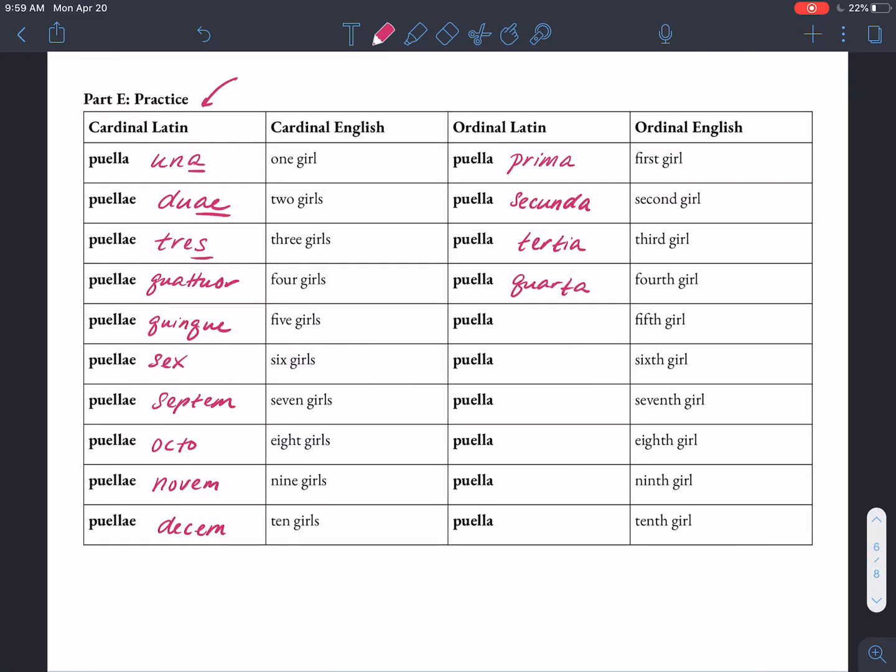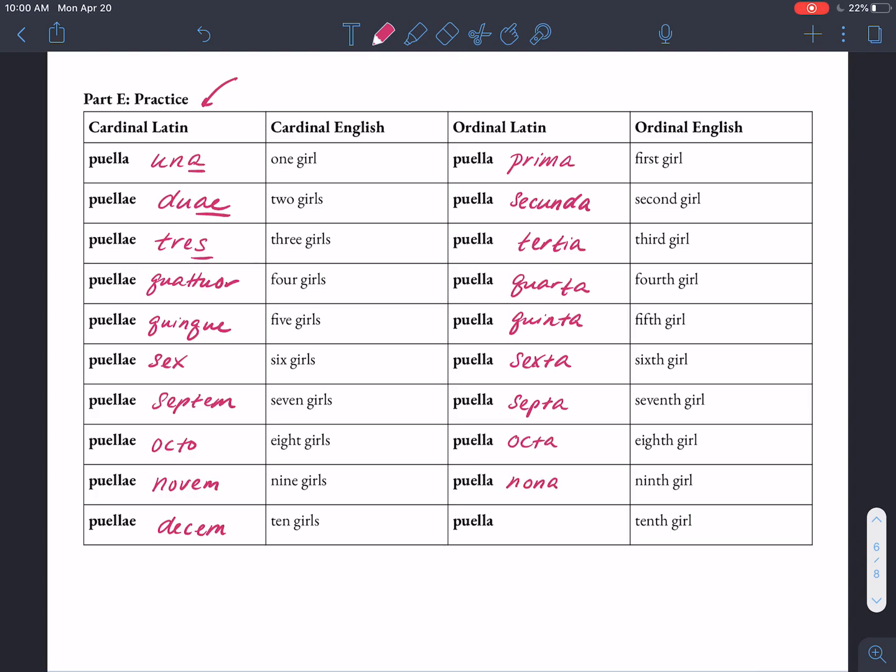So let's say the fifth girl, puella quinta. The sixth girl is puella sexta. The seventh girl is puella septima. The eighth girl, octava. Ninth girl, nona.